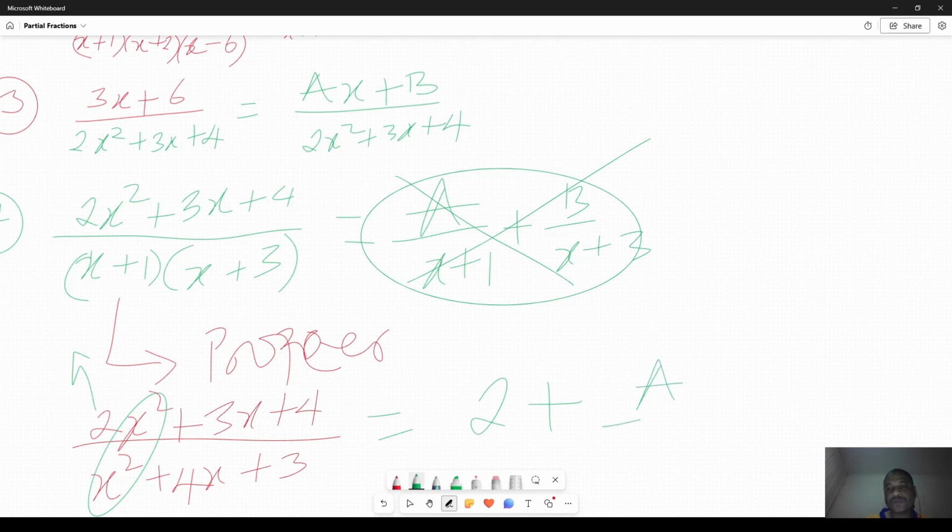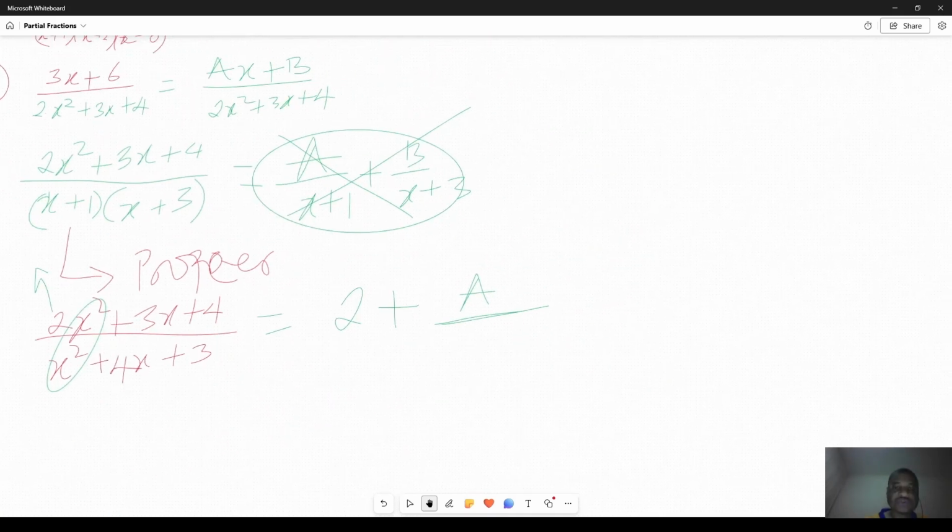So A over, or you can find the remainder. You can easily find the remainder. Let's just quickly do that and see what I'm saying. So this is where it gets tricky for partial fraction. So imagine we are doing long division.